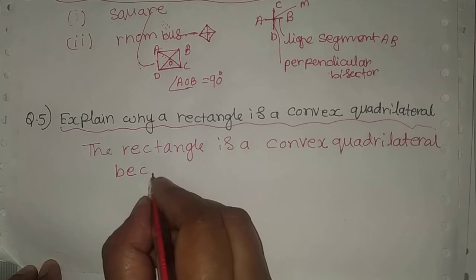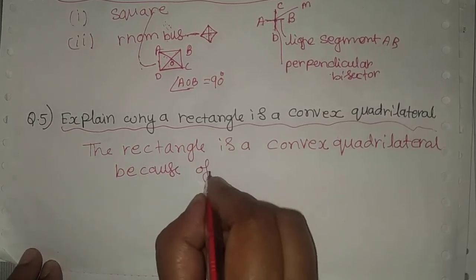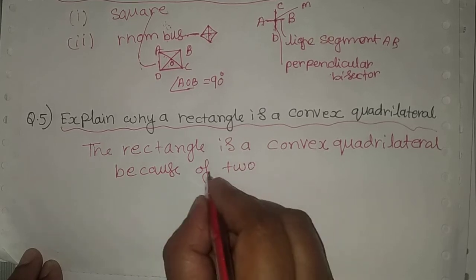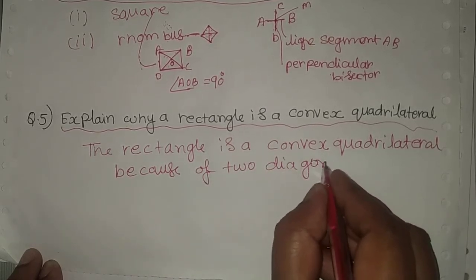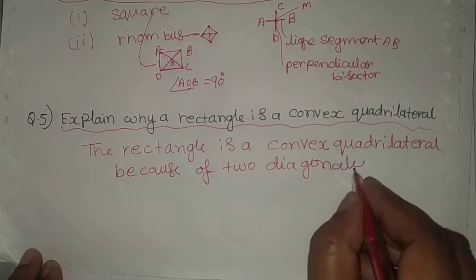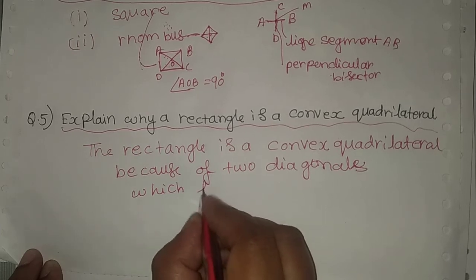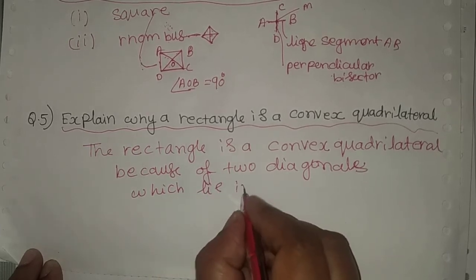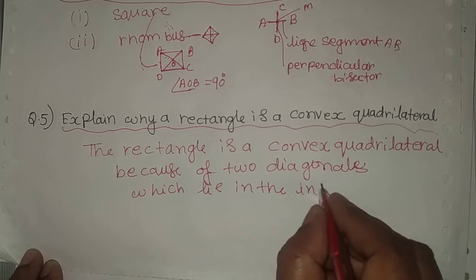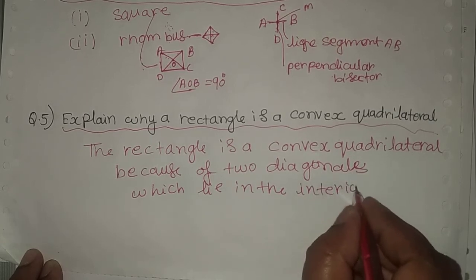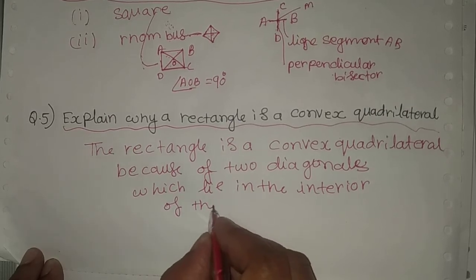because of two diagonals. As we know, the two diagonals lie in the interior, so the diagonals lie inside the rectangle.